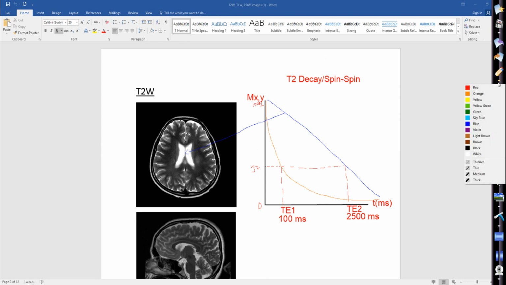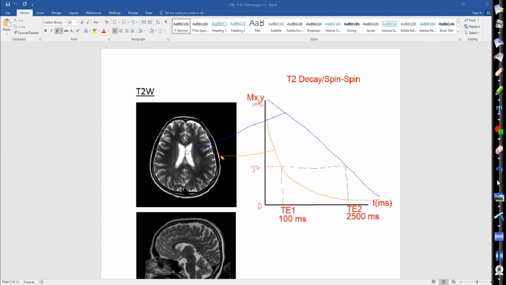Right? But this is where it gets a little confusing, because our fat, no matter when we sample our echo, is going to have less signal than water, and that does hold true, but you would expect it to look completely black, considering it does decay very rapidly. But our signal constantly gets boosted back up, because what the curve actually looks like is it gets boosted back up, and then boosts back up, and then boosts back up, continuously by what we call refocusing pulses, and that's called J-coupling.